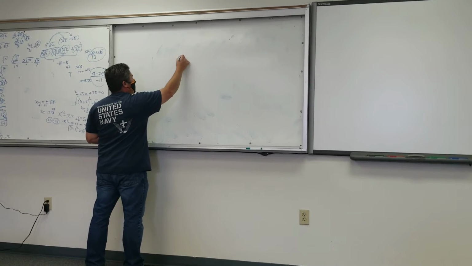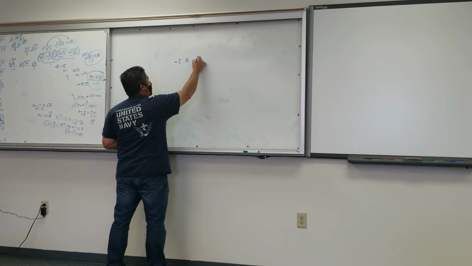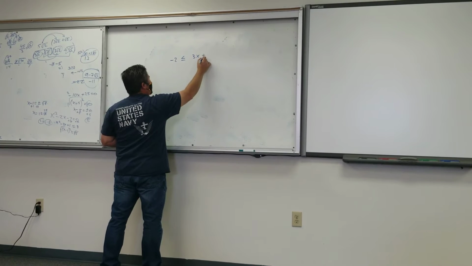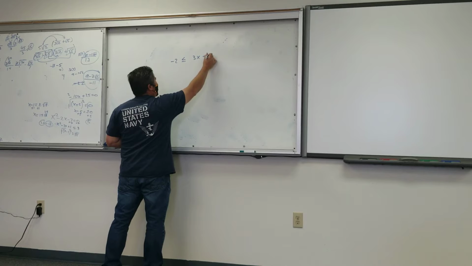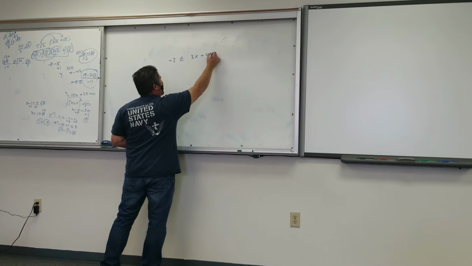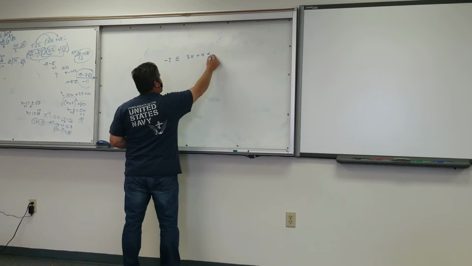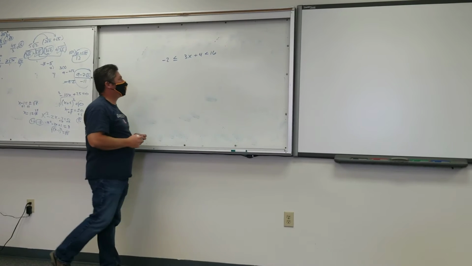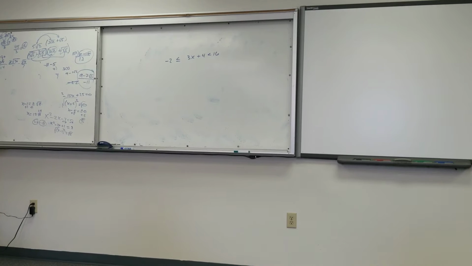Let's say I had negative 2 less than or equal to 3x plus 4, which is less than 16. This is weird. This is what we call a compound inequality.